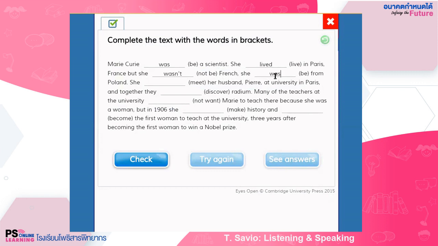She was from Poland. Past tense of meet. She met her husband Pierre at university in Paris, and together they discovered radium.